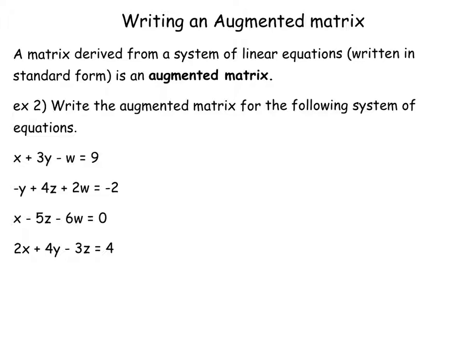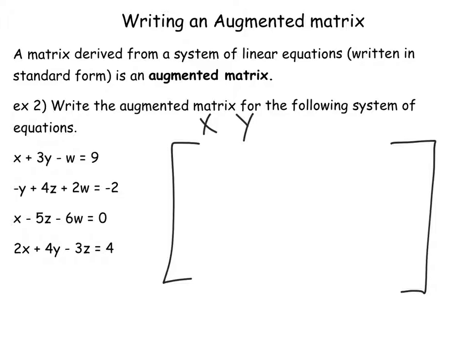All right. So here's where we make the jump over to a matrix. We write what's called an augmented matrix. Now I'm going to put my labels up top, that this first column is going to be x, y, z, and w. Each row of this matrix is going to get an equation. So for example, the coefficient of the first equation in front of x is 1.